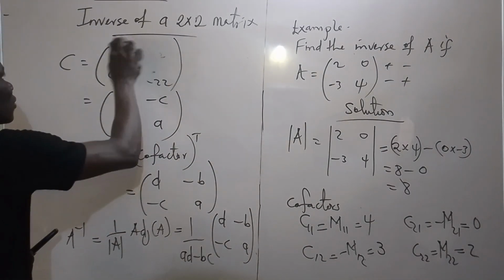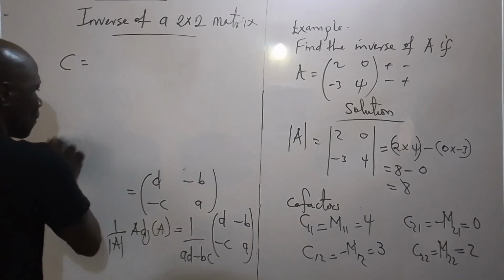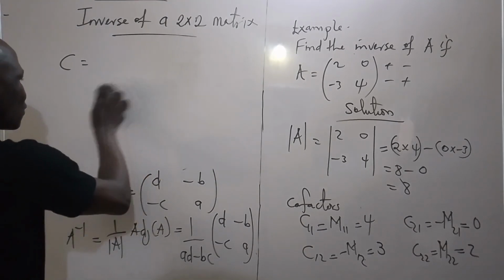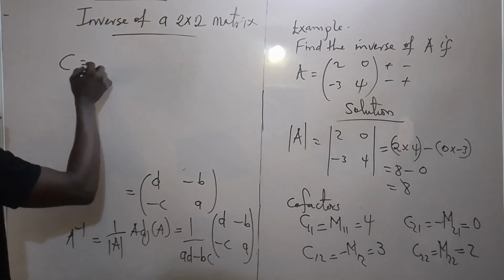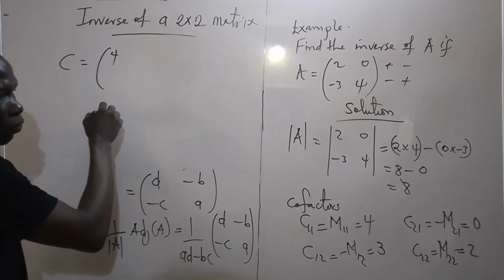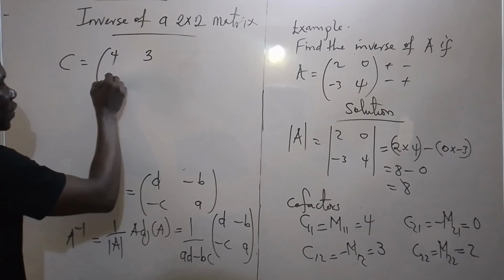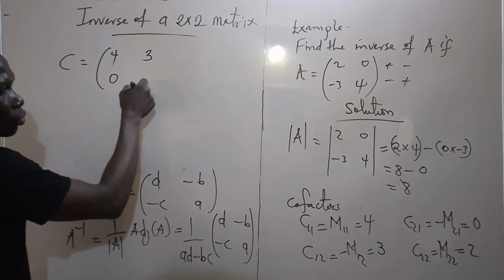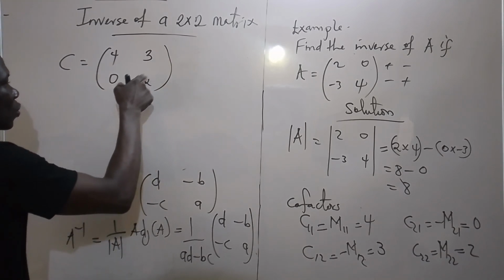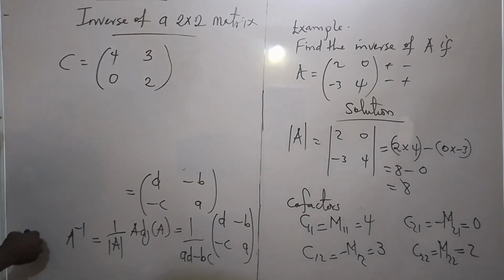Now, let's write out the matrix of the cofactors. C11 is 4, C12 is 3, C21 is 0, C22 is 2. So we have this as the matrix of the cofactors, or the cofactor matrix.